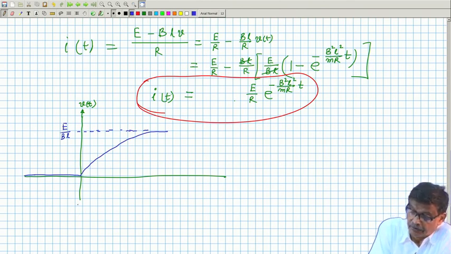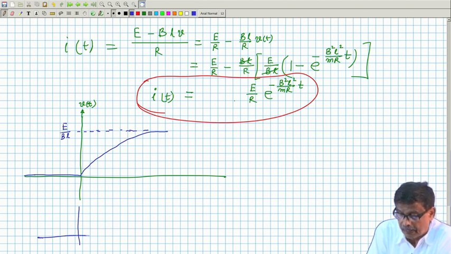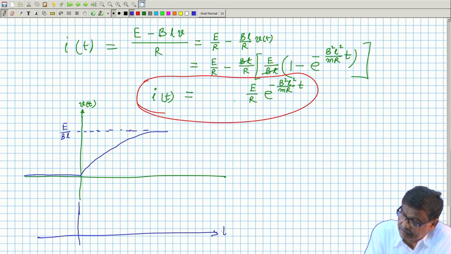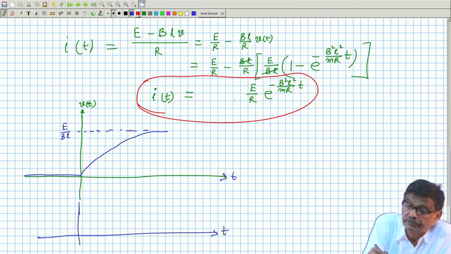If you sketch below this, I will sketch the current. So, the current waveform will be in the same time axis. Before t equal to 0, current was 0.